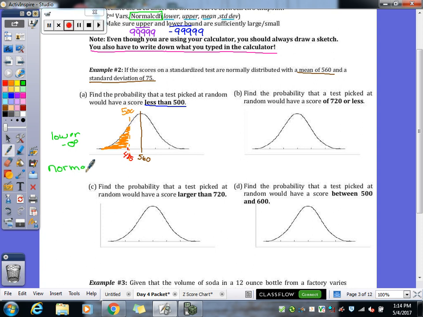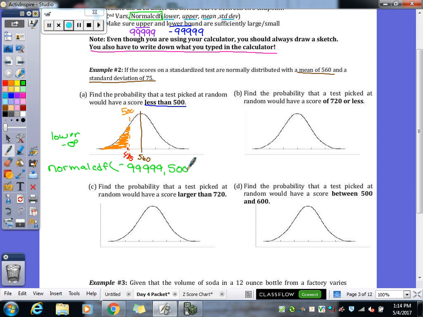So for what we're going to type into our calculator, we're going to use the normal CDF function. So we write normal CDF first. Not there yet. We're just writing what we're going to type in first. So it tells us we always have to put our lower bound first. So that would be our negative 99,999. Next number would be your upper bound. So in this case, it's going to stop at 500.